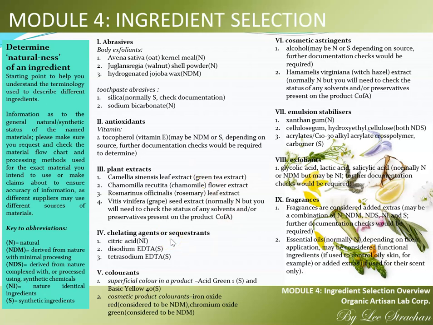Citric acid is NI, or nature identical ingredient. This comes from acidic foods. Disodium EDTA is considered synthetic, and tetrasodium EDTA is also considered synthetic. For a natural ingredient, as a chelating agent, we may use gluconolactone, which is corn derived and natural. Okay.